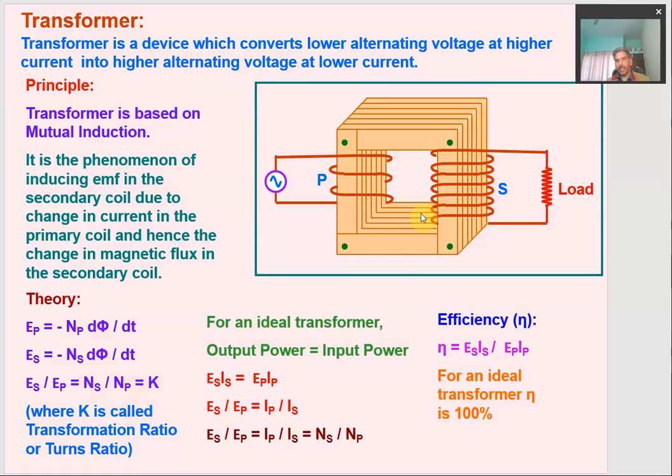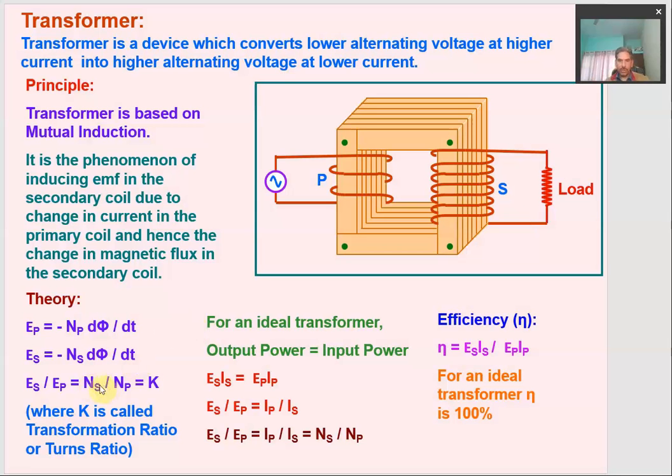Whether the transformer is for lowering down the voltage or keeping the voltage up depends upon this ratio, or we can say the number of turns in the primary and secondary coil. We will discuss it in the next step.